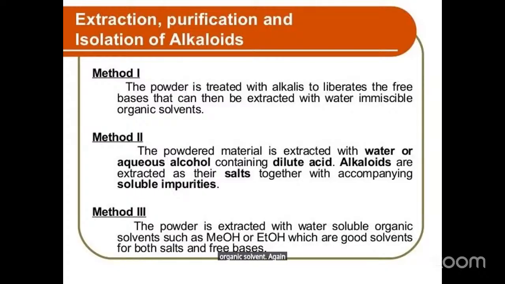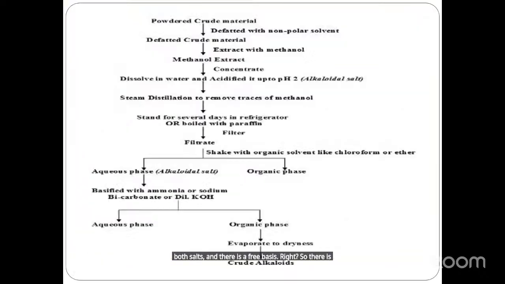Again, in the second method, the powder is extracted with water or aqueous alcohol, with dilute acid, and the alkaloid is extracted as a salt. There are some soluble impurities, and the powder is extracted with water-soluble organic solvents, like methanol and ethanol. These are good solvents for both salts and free bases, right? So that is extraction and purification.